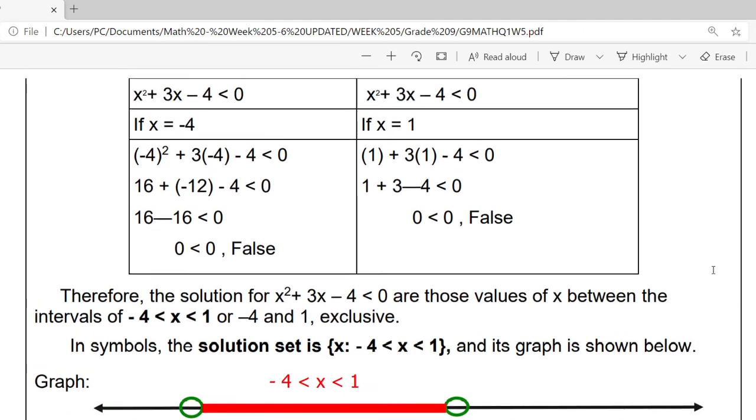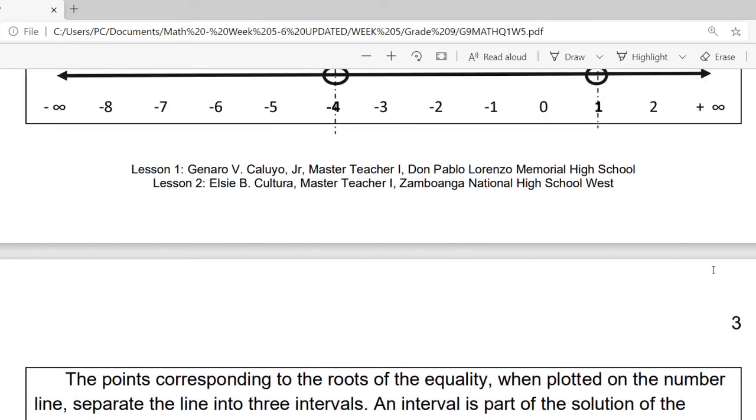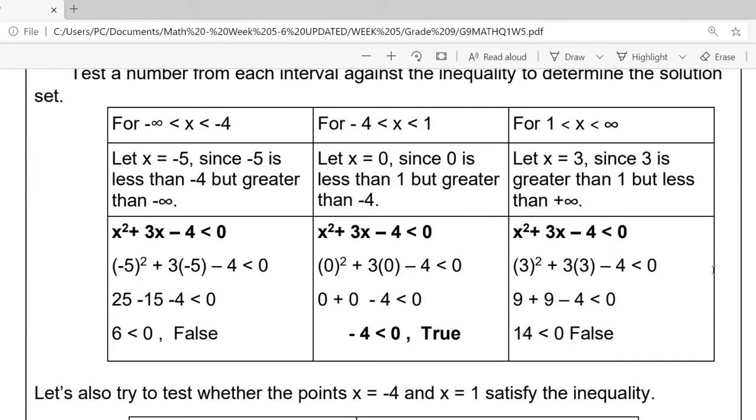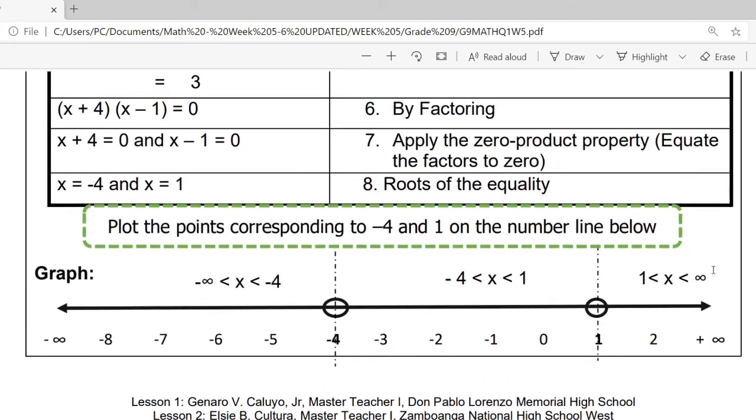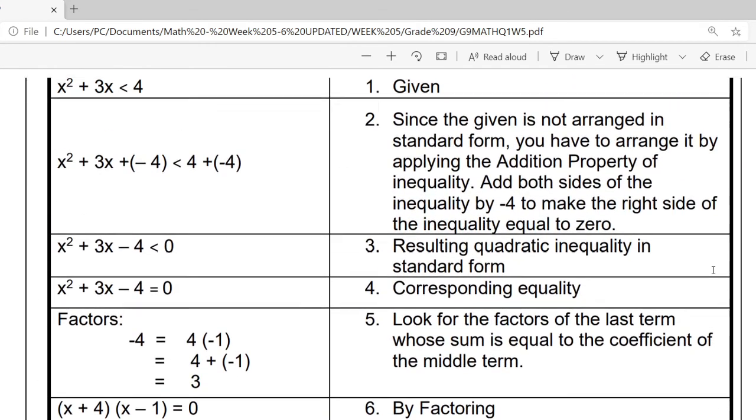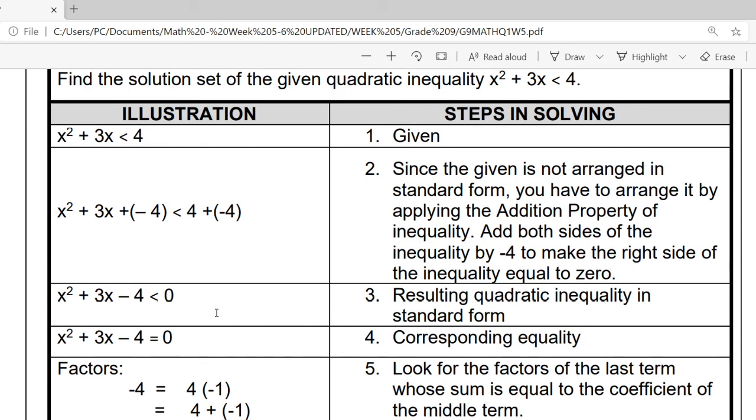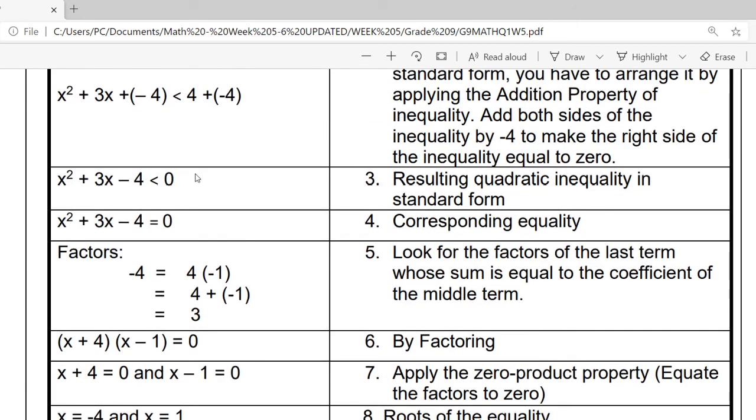Again, going back. The solution is, first, you write it or change it into standard form. In standard form, equate that to 0, find the roots using factoring or whatever method you could use.